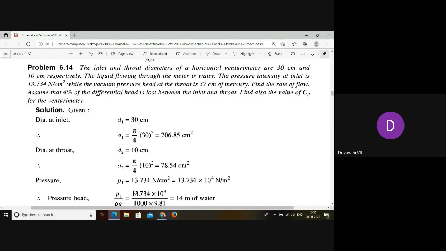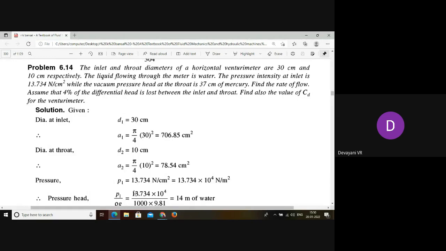The pressure head means the expression P2 by rho g. For the inlet, they have given pressure P1 only, and at section 2 at the throat, they have given the pressure head, that is P2 by rho g. At section 1 they gave only P1, at section 2 they directly gave the pressure head P2 by rho g value, and the value is given as 37 centimeters of mercury. They have given it in terms of mercury, so we should convert it into water.